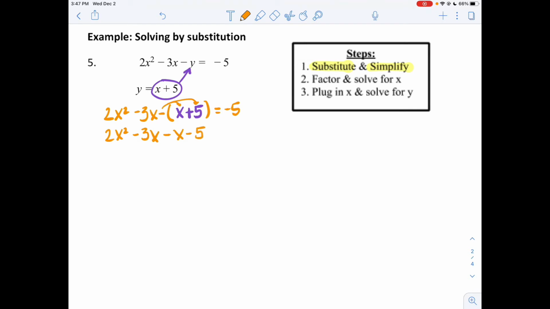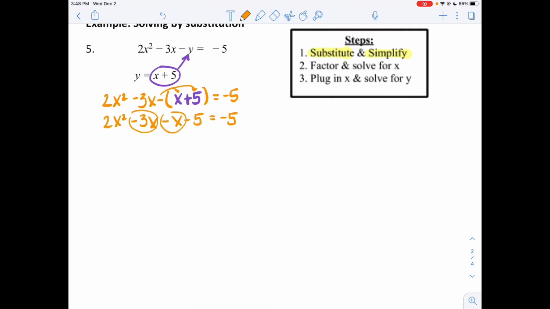Don't forget that it applies to both pieces here, and then that's equal to negative 5. Going to continue simplifying by combining some like terms. I notice that I have a negative 3x and a negative x, and I can combine those as my next step. 2x squared minus 4x minus 5 is equal to negative 5.